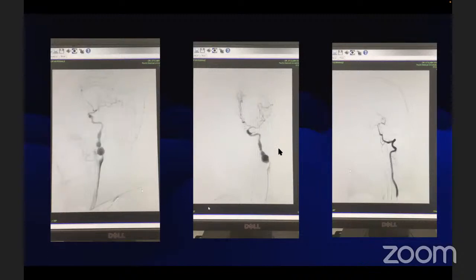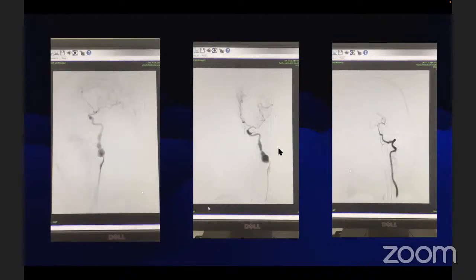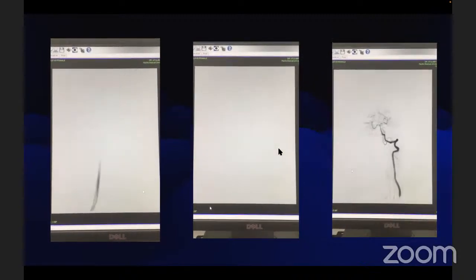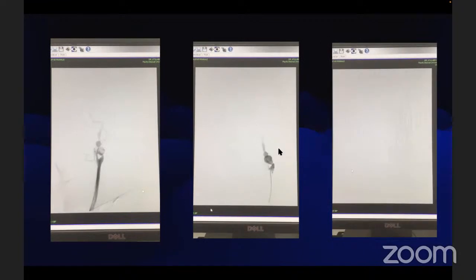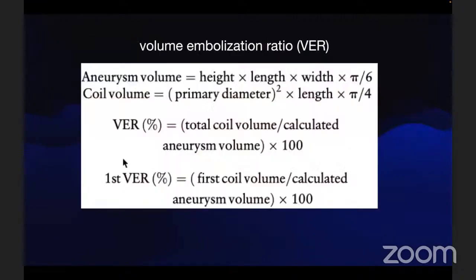This is the main crux, sir, because on the right side there is dissection or duplication. Based on that, we planned for coiling this supraclinoid aneurysm. When it comes to how to calculate the size of the coil, this is the maximum we could get from the literature.